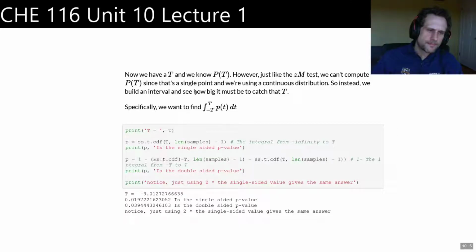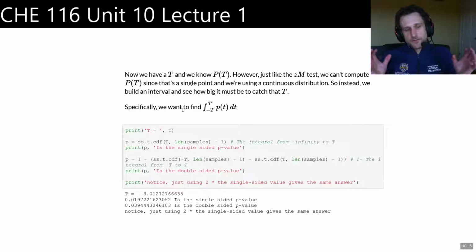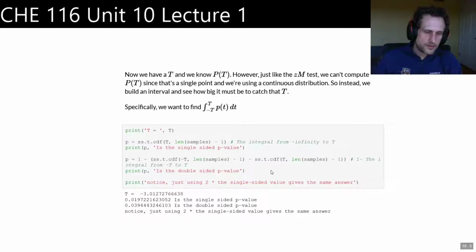Oh, yeah. This statement specifically wants to find the integral from minus t to t. That's saying we want to build this interval, but then we're going to take 1 minus it. I should just put 1 minus in there. Anyway, we want the extreme interval, not the inner interval, the outer interval. What I'm showing is that if you compute the inner interval probability, then you can take 1 minus that. That's all I'm getting at there.